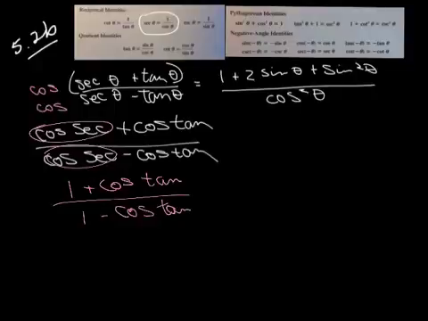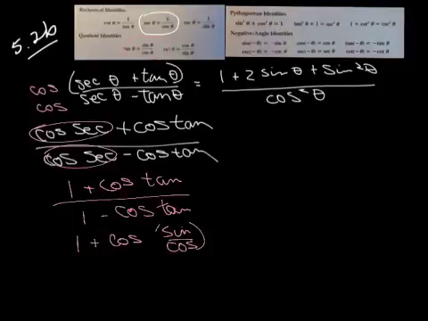Alright, so what do I know about tangent? I'm going to leave my cosine, and I know that tangent equals sine over cosine. And why did I change that? I don't want tangent there.